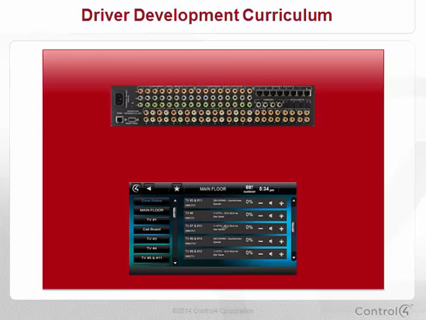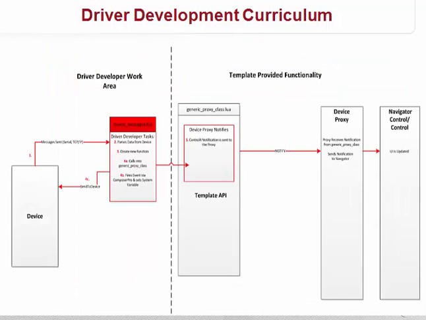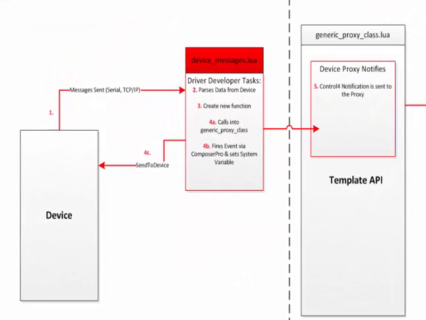Now that we have a feel for the layout of the diagram, let's look at a data flow example and see how the AVSwitch driver template handles communication coming from our AVSwitch to the Control 4 user interface. We'll start at the left with item number 1. Here we see the AVSwitch sending a message via its communication port to update the Navigator UI or Composer's device control UI.